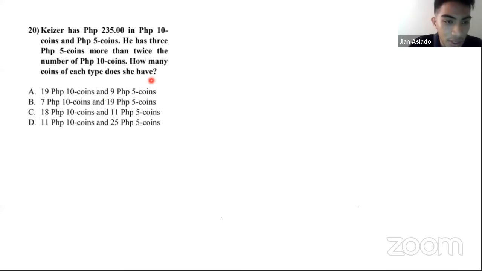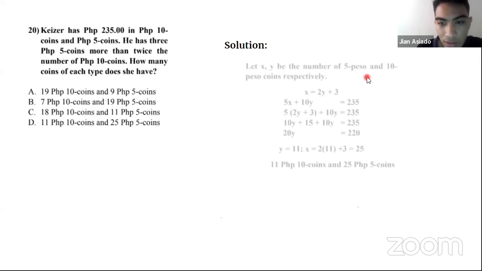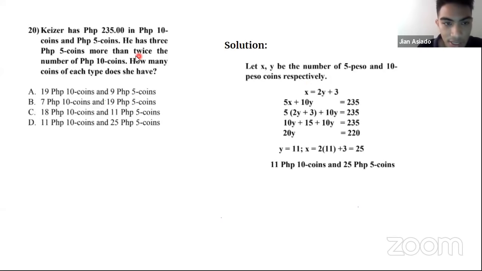Okay, so this one, it's word problem, no? So, set up the equation mula dito sa problem na to. Ayan. So, since yung x natin ay 5 pesos, no? And then si y natin, it's the 10 pesos. So, ayan, add natin sila. We get 235, yun yung total eh, no?